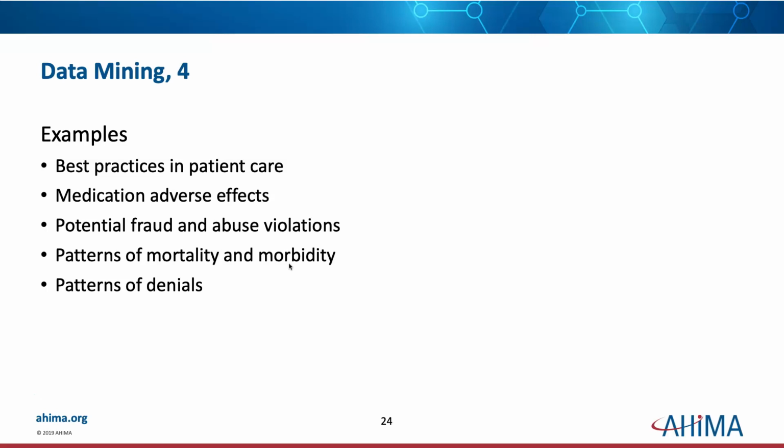Maybe you've got something that wasn't mapped correctly in terms of a revenue code, or maybe there's a charge master error. It helps you identify what are your patterns of denials to start really looking, working backwards to say, okay, we've got this population. What's different? What's unique? What's standing out? What's consistent? What maybe shouldn't be there?